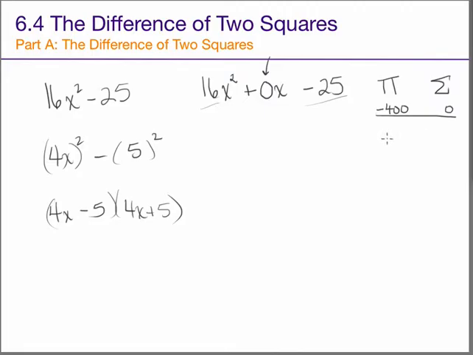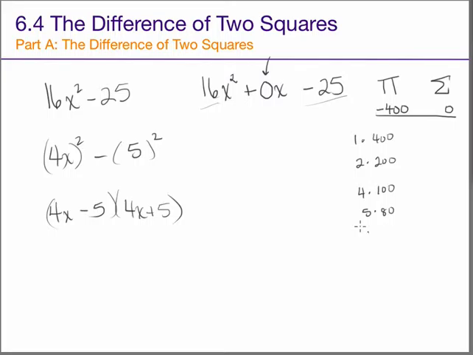Okay, how can I write 400? Well, lots of different ways. 1 times 400, 2 times 200. 3 doesn't work. 4 times 100. 5 times 80. 6. I've run out of ideas.